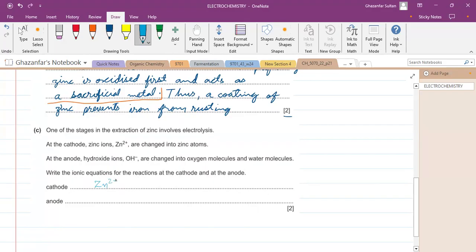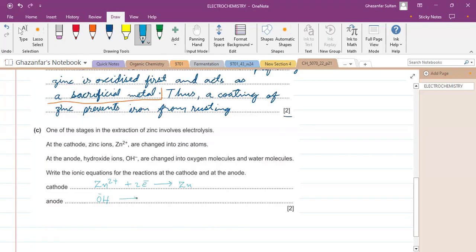So at cathode, zinc is reduced and it produces zinc metal. While at anode, hydroxide ions, if hydroxide ions are there, so definitely you can understand that this reaction occurs in aqueous medium.